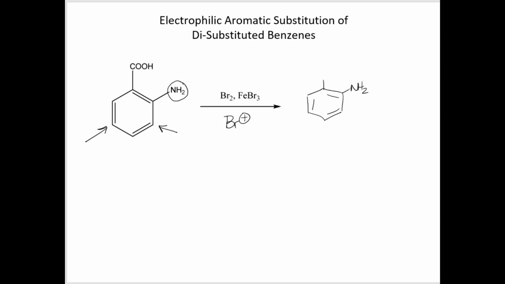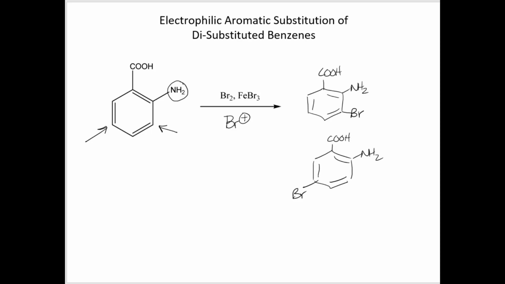We would end up with the bromine adding ortho to the NH2 group and we would end up adding the bromine para to the NH2 group. So these would be our major products of the reaction.